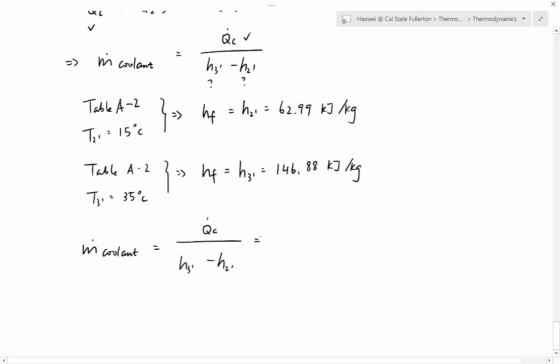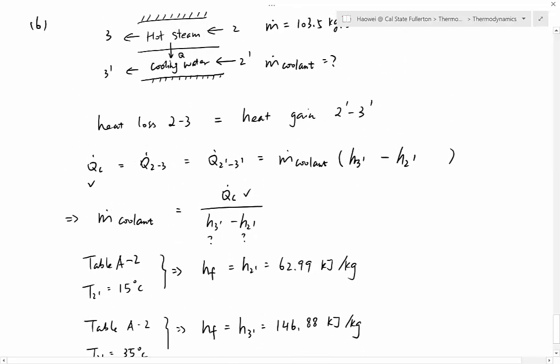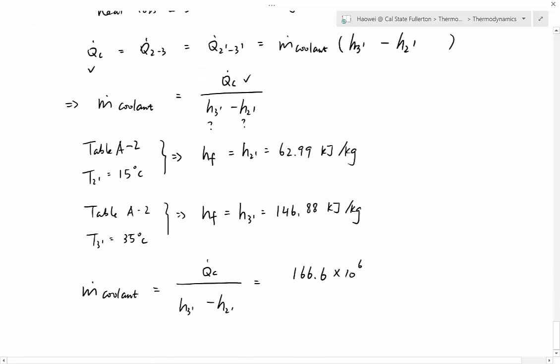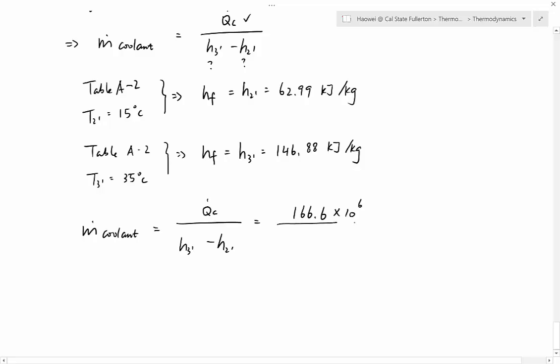Let's plug in the numbers. Q dot C is equal to 166.6 times 10 to the 6, because we need to convert megawatts to watts, so we multiply by 10 to the 6. So it becomes watt, which is the SI unit.